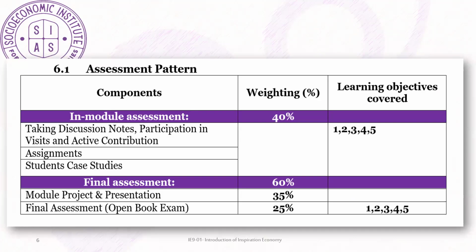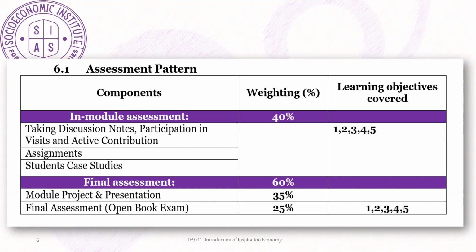Now, usually we do the assessment for each course in a different style, but this course will be taking, besides the discussion and the participation, 40% for the assignments and the student case studies, as I mentioned. But always, inspiration economy focuses on learning by doing.